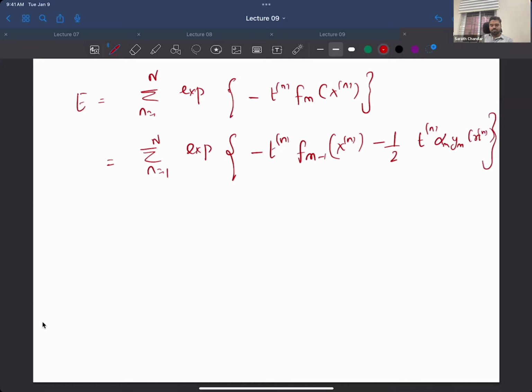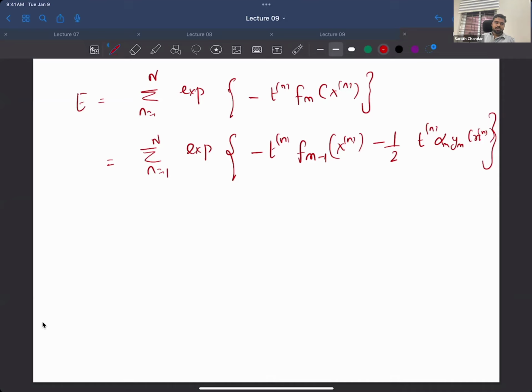Is that clear? So what have I done here? I have split the model's prediction Fm into Fm minus 1 plus the last prediction, which is given by 1 over 2 alpha m ym of xn.